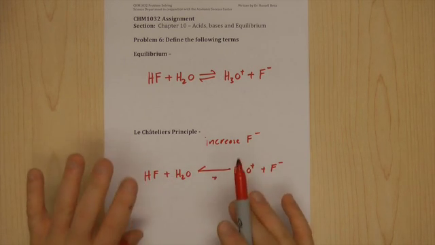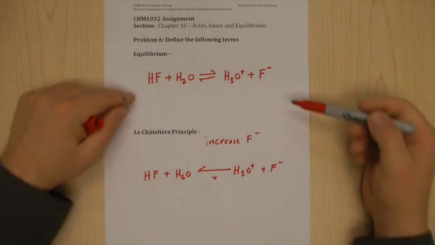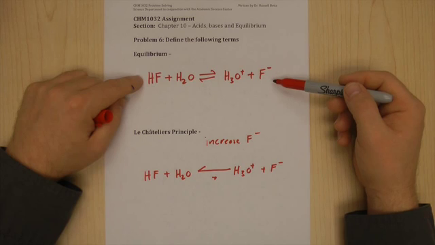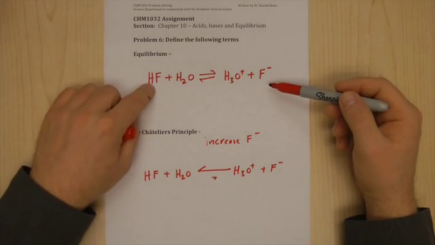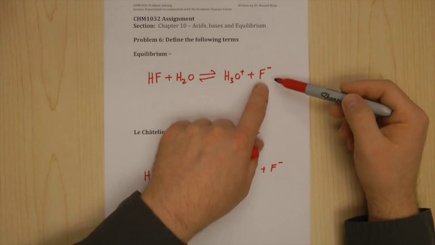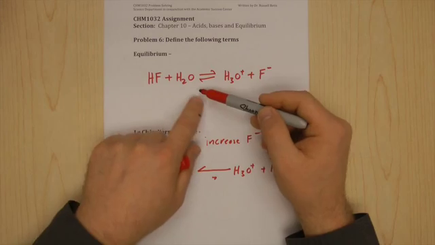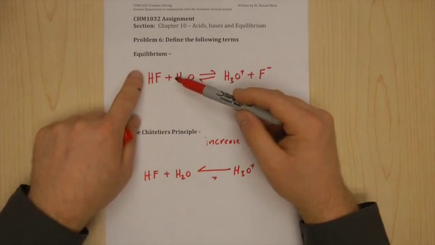Okay? Now, I know this is a very, very difficult concept, so let's go over the whole thing again. This reaction is in equilibrium. I have HF reacting with water to give me hydronium and fluoride. I have fluoride reacting with hydronium to give me HF and water. This is occurring at equilibrium.